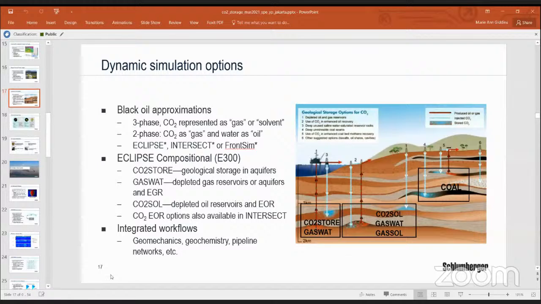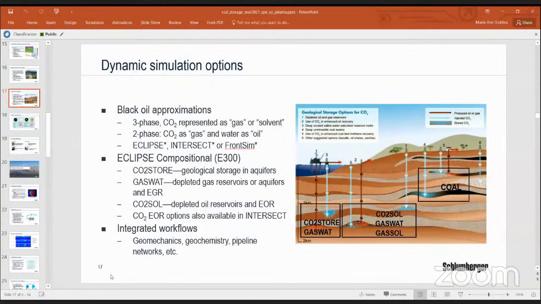CO2 store is for geological storage in aquifers. Gas watt is for depleted gas reservoirs or aquifers and enhanced gas recovery. CO2 sol is for depleted reservoirs and enhanced oil recovery. And of course, you can also study enhanced oil recovery today in the Intersect simulator.